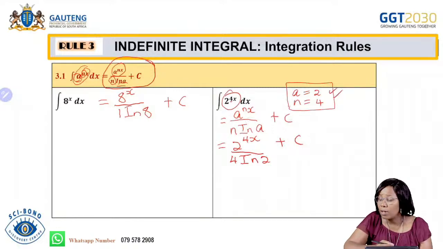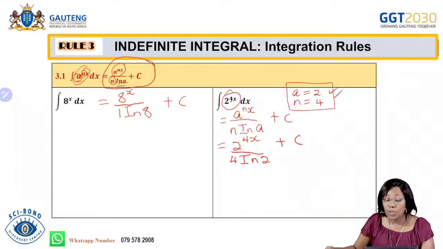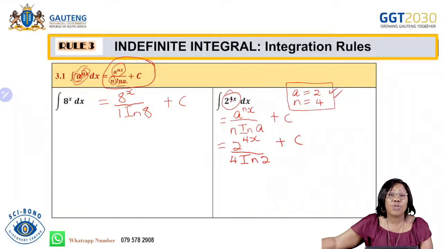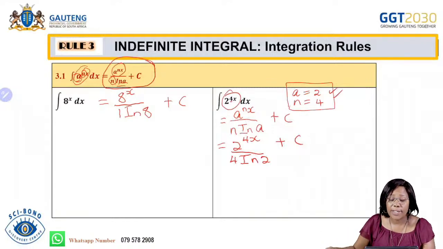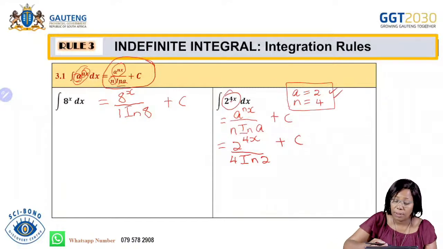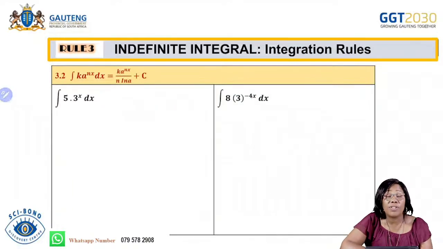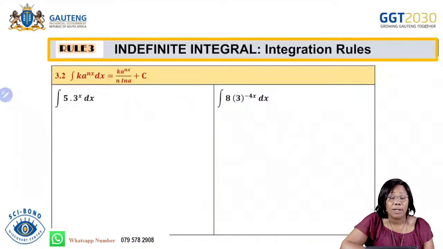That is another alternative way that you can apply to assist you in identifying the values and matching them with the correct application in terms of selecting the correct rule at the back of your question paper on the formula sheet.